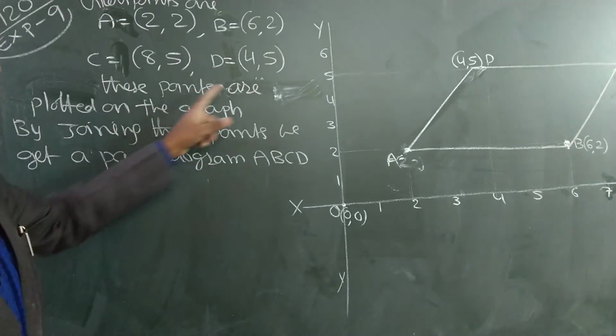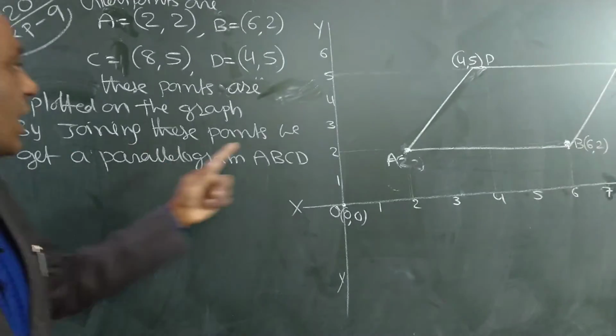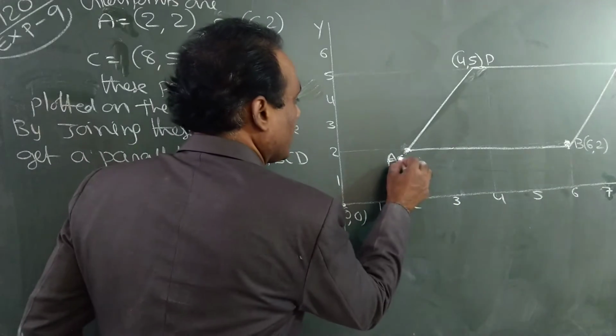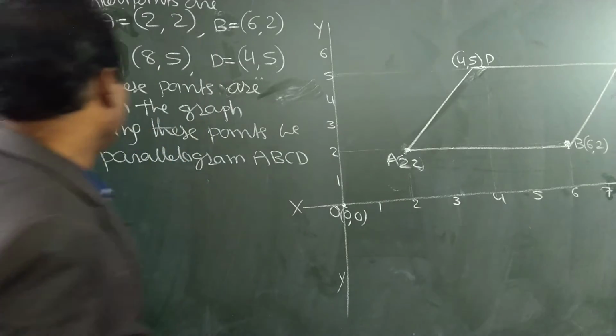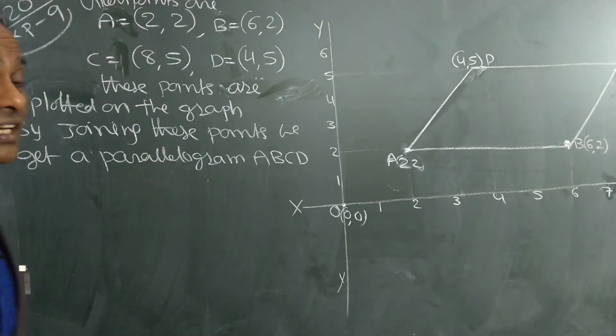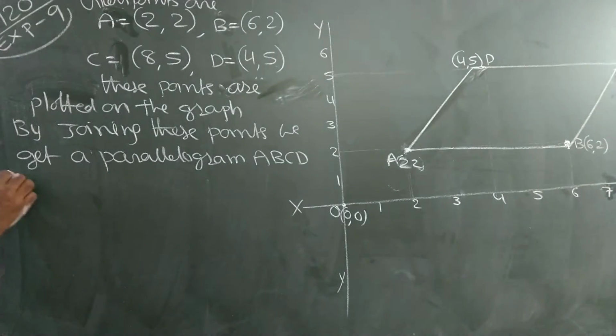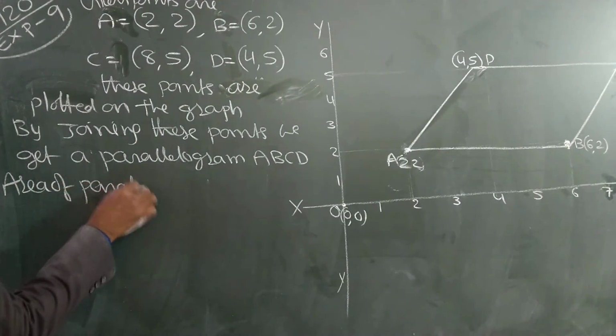By joining these points, A with B, B with C, C with D, D with A, we get a parallelogram ABCD. Now the area. We are asked to find the area of parallelogram ABCD.